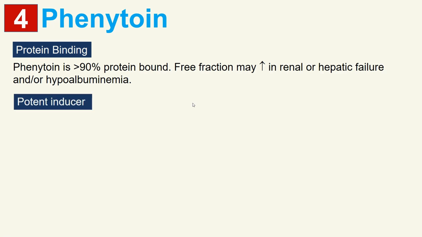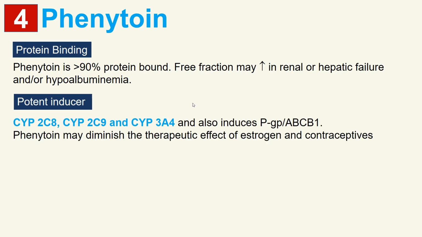Well, another important drug interaction of phenytoin is that it is a strong inducer of several CYP enzymes, CYP2C8, 2C9, and 3A4, and also P-glycoprotein. Phenytoin is known to reduce hormonal contraceptive effect, so that requires extra precautions while taking phenytoin.